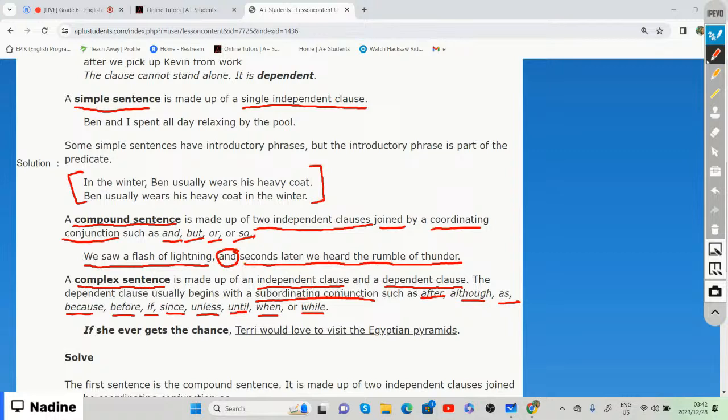So it's the start of a dependent clause. We need to know the difference between and when to use a coordinating conjunction as well as a subordinating conjunction. For example, if she ever gets the chance, Terry would love to visit the Egyptian pyramids, which means that Terry would love to visit the Egyptian pyramids is our independent clause.